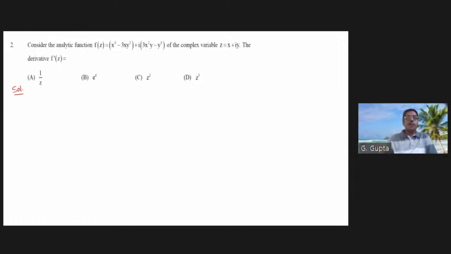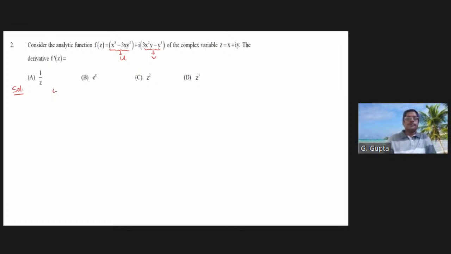Usually the complex valued function is denoted by u plus iv, that is w is equal to f(z) is equal to u plus i into v, where u is equal to x cube minus 3xy square and v is equal to 3x square y minus y cube.